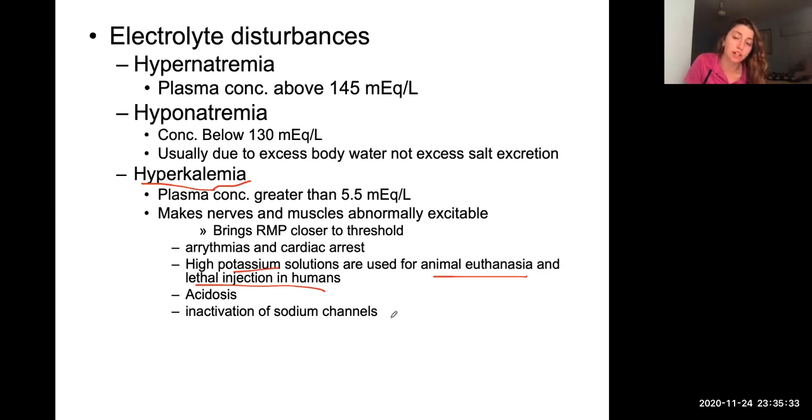The hydrogen ions are going to bind to the receptor instead of the potassium, and this can cause hypercapnia. Sorry, I got it mixed up. It would cause hyperkalemia because of the buildup of potassium.